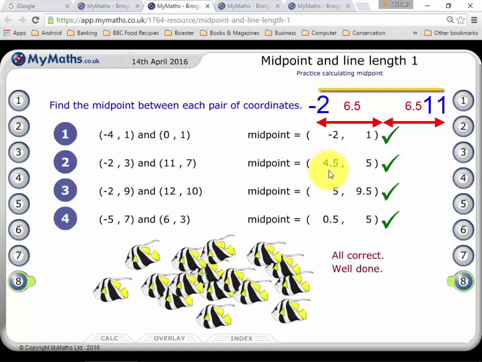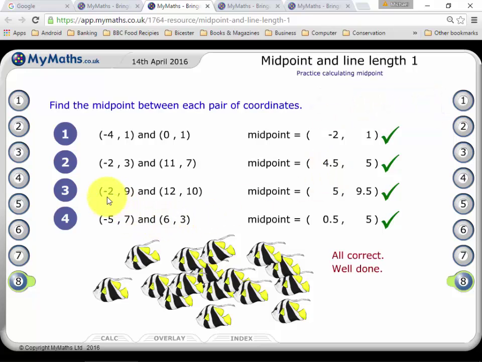What you need to do here is draw yourself a number line and count away from minus 2 in the positive direction 6.5 steps, and you'll end up with 4.5. If you start at 11 and count in the negative direction 6.5 steps, you'll end up at 4.5 as well. Hope that makes sense. Let's try one more.